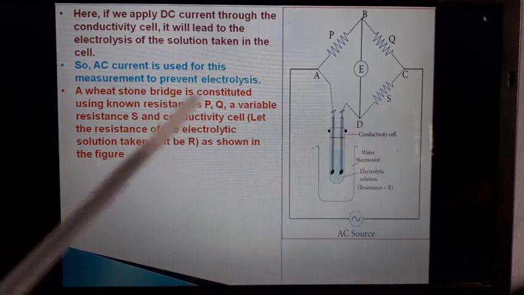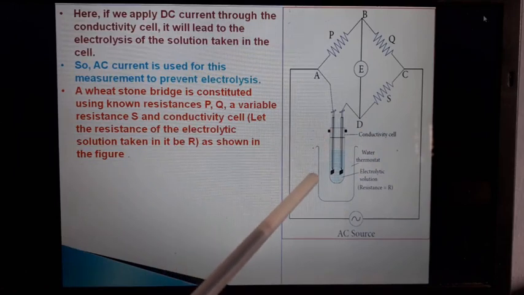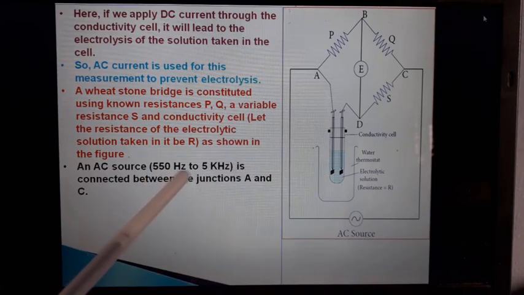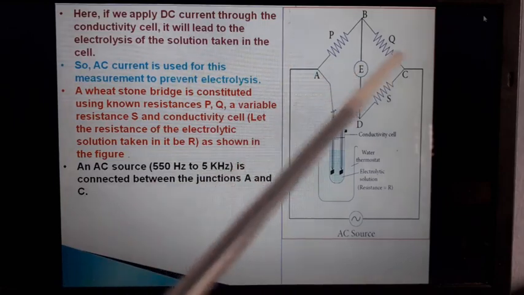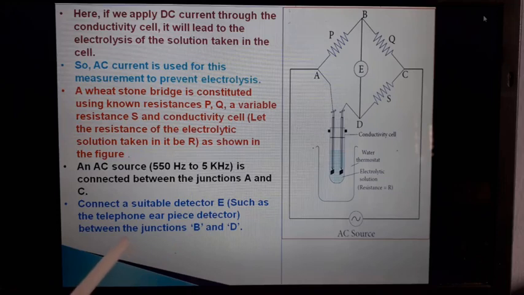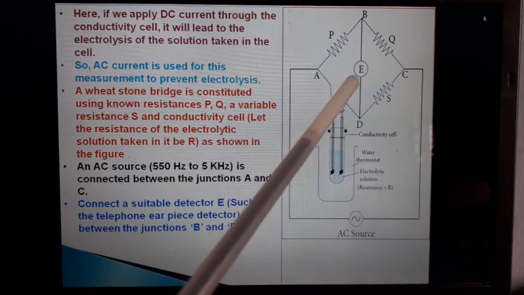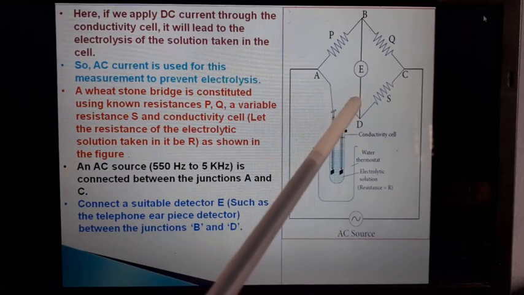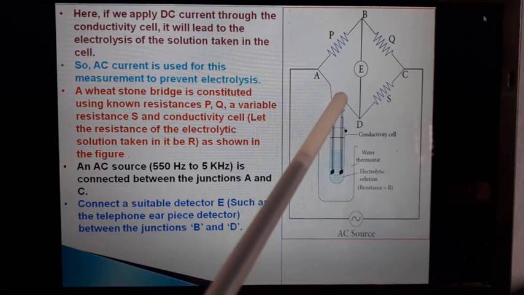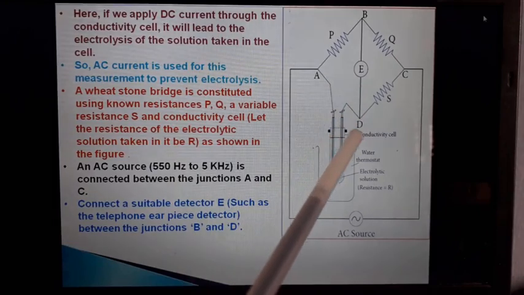The AC source of 550 Hz to 5 kHz is connected between the junctions A and C. Connect a suitable detector E, such as a telephone earpiece, between the junctions B and D.